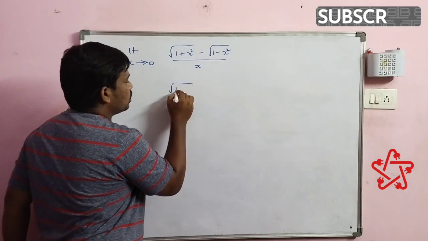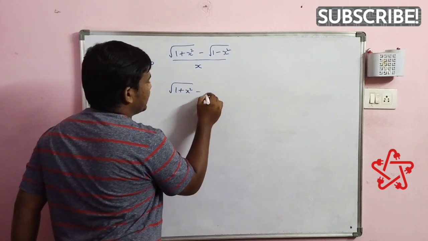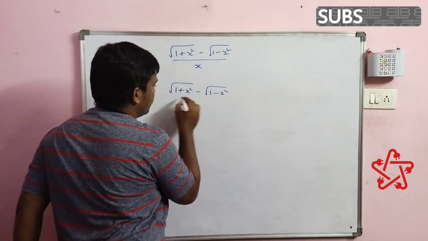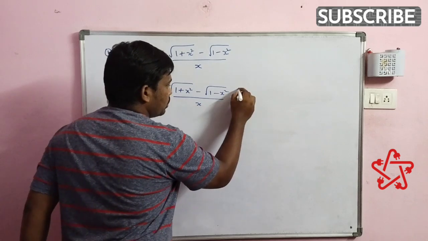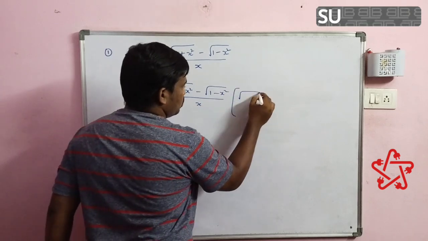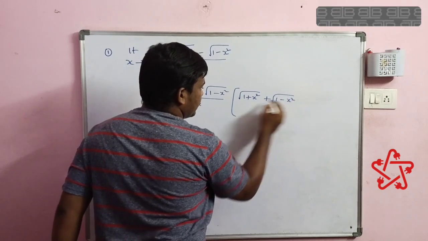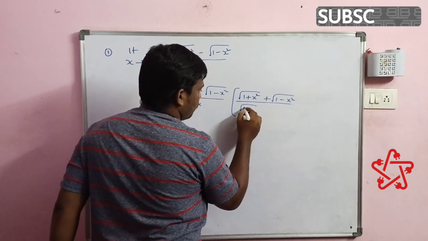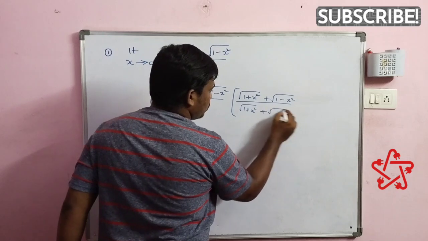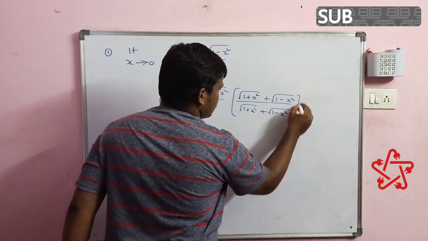Rationalizing in the sense, root over 1 plus x square minus root over 1 minus x square by x into root over 1 plus x square plus root over 1 minus x square divided by root over 1 plus x square plus root over 1 minus x square.